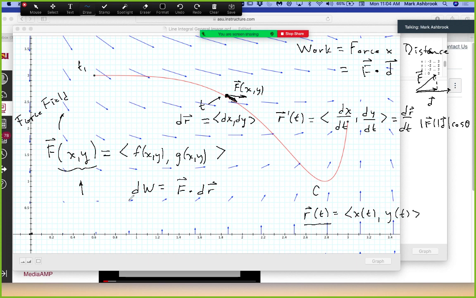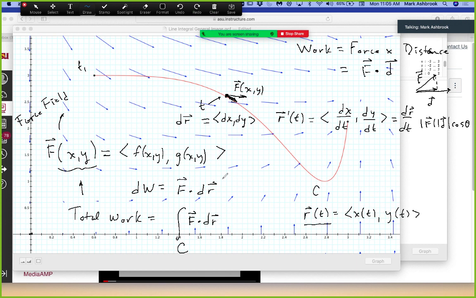Okay, so now I'm going to accumulate. For the total work, I want to accumulate all these little bits of work along the path of C. So how are we going to solve that then?